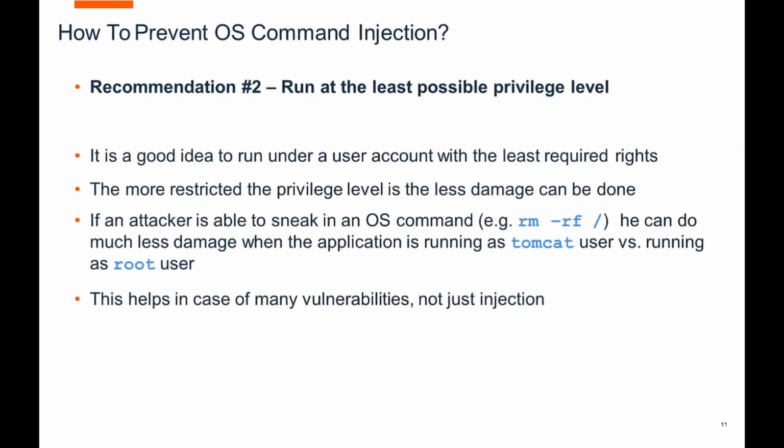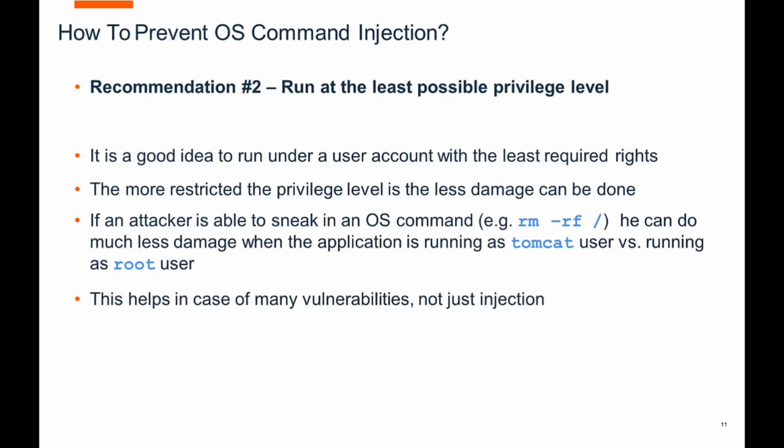So the second recommendation we would give is to run at the least possible privilege level. We often see applications run as super user, as root user, and in the vast majority of cases that is not necessary. And the problem with that is that if an attacker does abuse your application functionality, and that application runs at a very, very high level of privileges, the attacker can do a lot of damage.